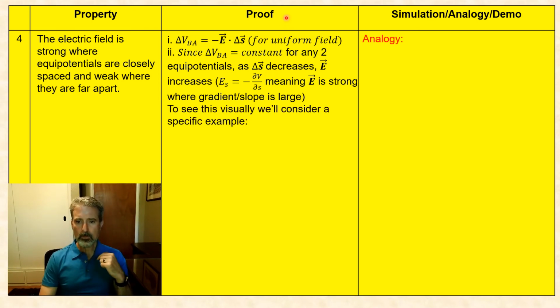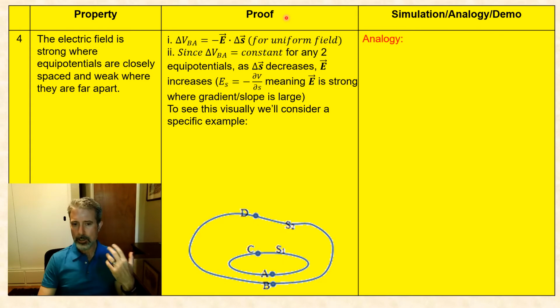So to see this visually, before we get to the contour map, let's look at electric potential. Let me show you an example. Here are two equipotential surfaces, and we're going to consider a few different points.